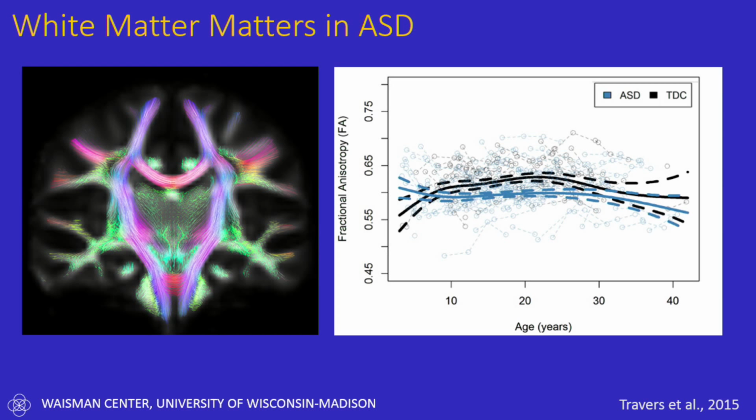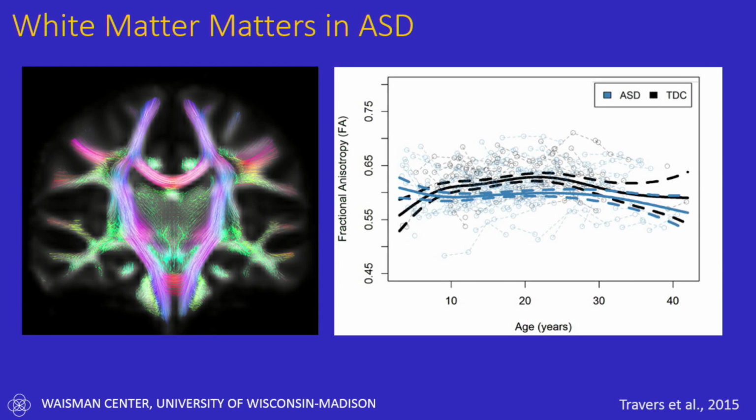For instance, on the x-axis I have plotted age, and on the y-axis is fractional anisotropy from one of the more important white matter regions, the corpus callosum. Here in blue are those with autism spectrum disorder, and in black are the typically developing controls.